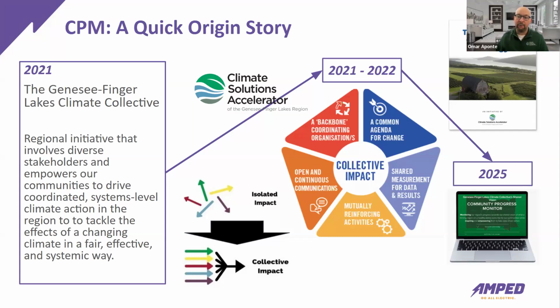That strategy provides us with that shared vision, that common agenda, so that we could all align ourselves. As you can see on the bottom left, it's about making this change from many organizations working in different directions, maybe having some isolated impact, to aligning everybody so that we can move towards a collective impact. The next step after establishing the common agenda and shared vision was precisely shared measurement for data and results.